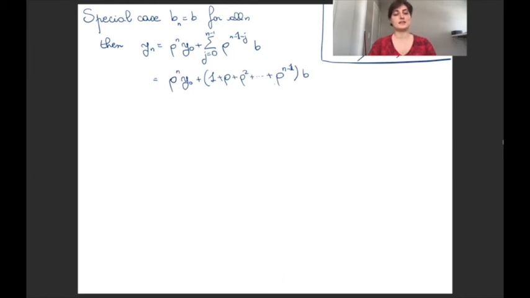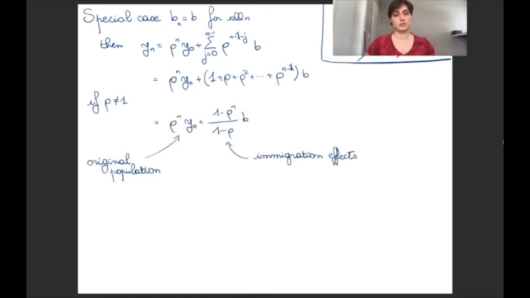It's a special case if the immigration is constant. So for b_n equal to b for all n, then we can write it in an even nicer way. y_n is equal to rho to the n y_0 plus 1 plus rho plus rho squared plus rho to the third up to rho to the n minus 1, all of that multiplied by b.